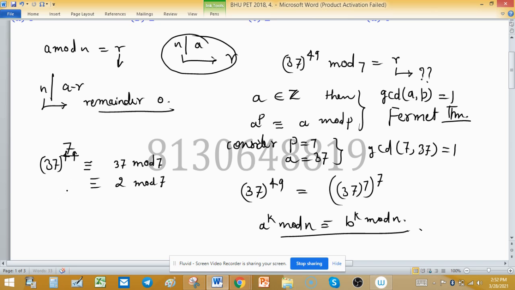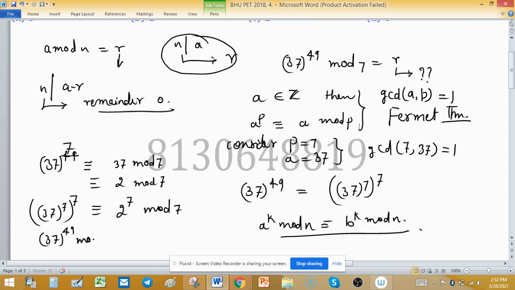So raising to the power 7 on both sides, 37 raised to the power 7, whole to the power 7, will be congruent to 2 raised to the power 7 mod 7. This is 37 raised to the power 49.